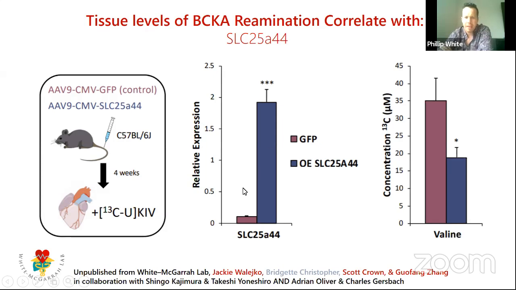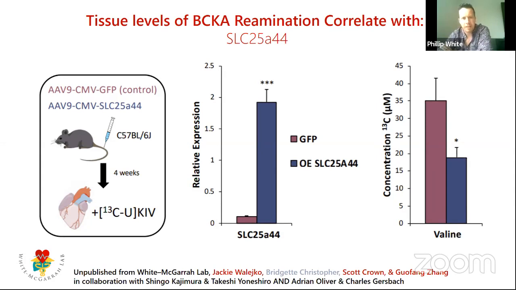And you can see that there was a nice overexpression of SLC25A44 with the AAV. And this resulted in a 50% reduction in the accumulation of reaminated valine within these hearts.